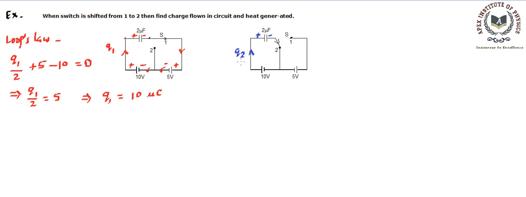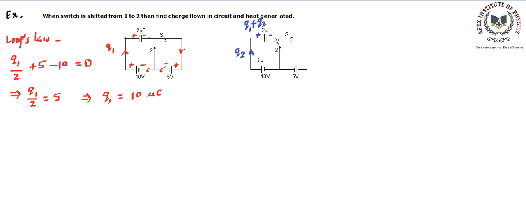Let me make it clear what this Q2 is. I'm considering Q2 as the charge supplied by the battery when the switch is shifted from 1 to 2. Now when this Q2 charge goes from this battery to this capacitor, the capacitor was not initially uncharged. It had initially been charged as Q1. So it already had a Q1 charge on this plate. Now you are supplying a charge Q2 from this circuit, so it will now have a charge of Q1 plus Q2.